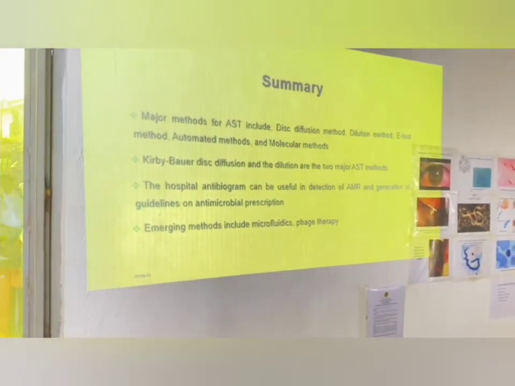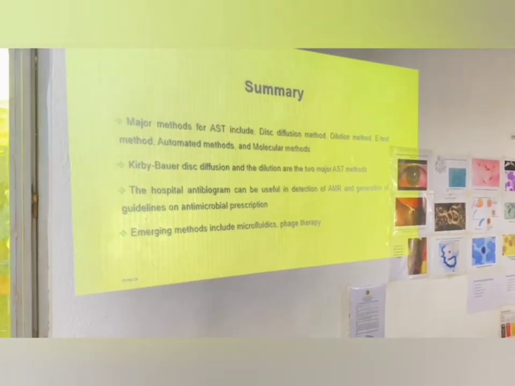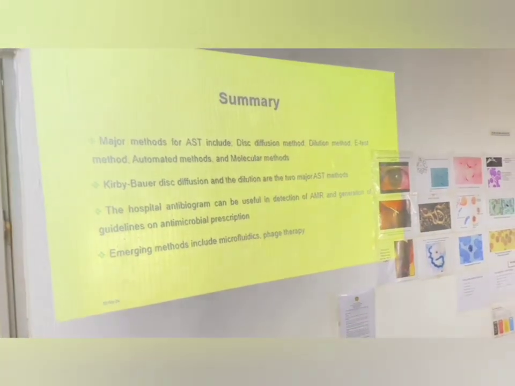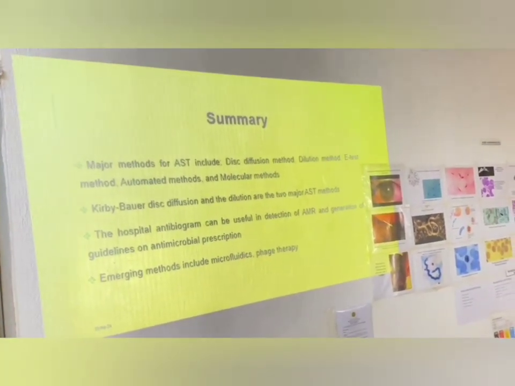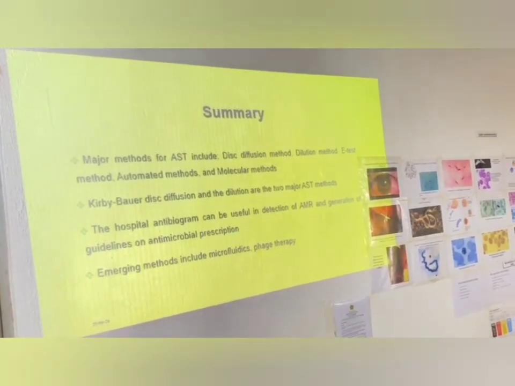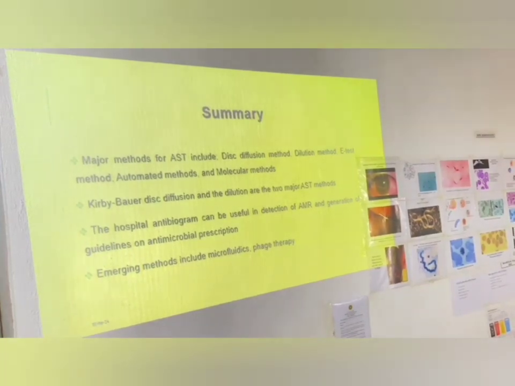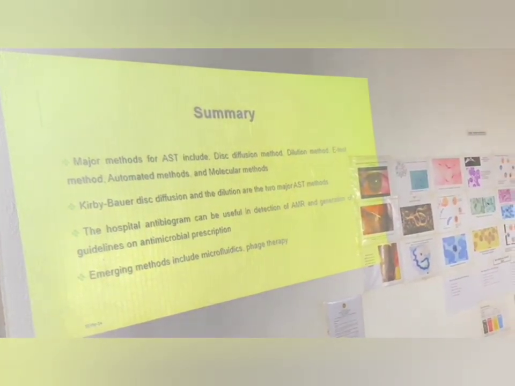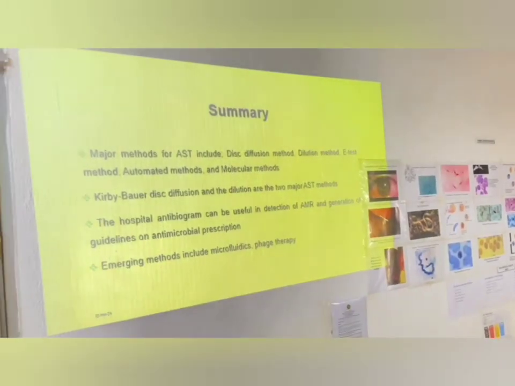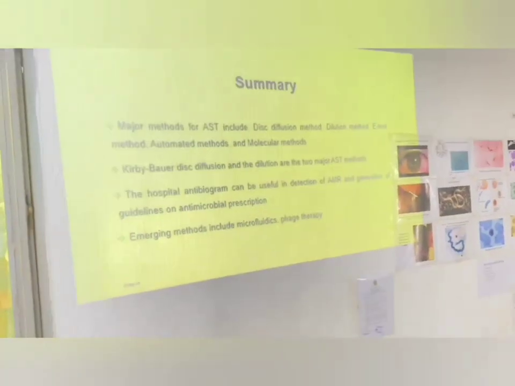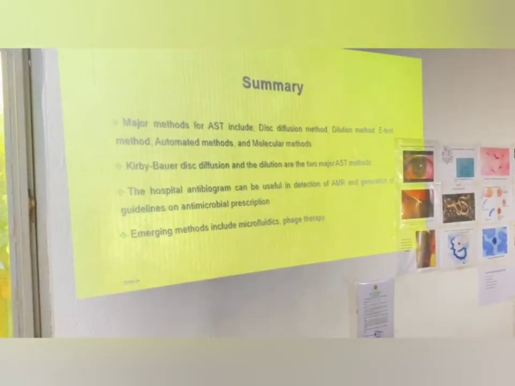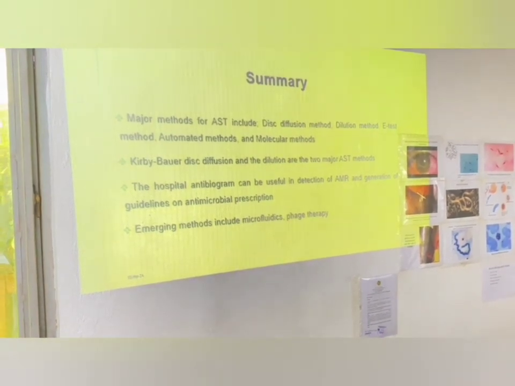The Kirby-Bauer disc diffusion method and the dilution method are the two major ones commonly used. A hospital antibiogram is very useful, and it's the one that is going to help us detect resistance and generate guidelines on how to prescribe antibiotics in the hospital.